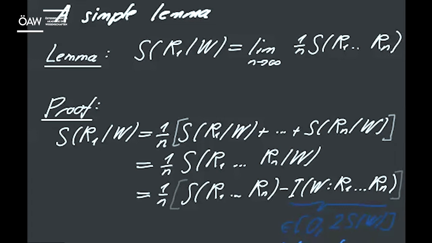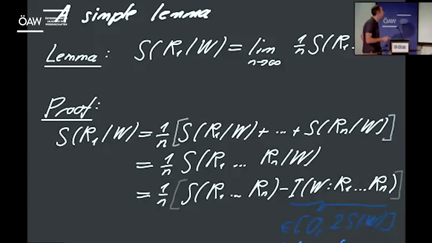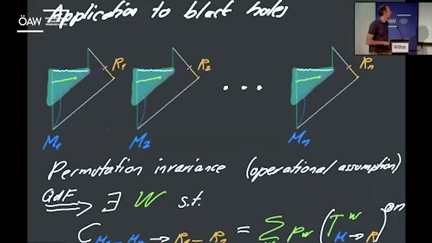Then you use the fact that the entropy conditioned on W can be written as the entropy without the conditioning on W minus some mutual information between W and R. And the important observation is that W is independent of little n. So in the limit of large n, this last term goes away, and you're just left with the claim here. So basically W doesn't need to be known in order to calculate the output of the channel conditioned on W. That's the very important observation for the following.